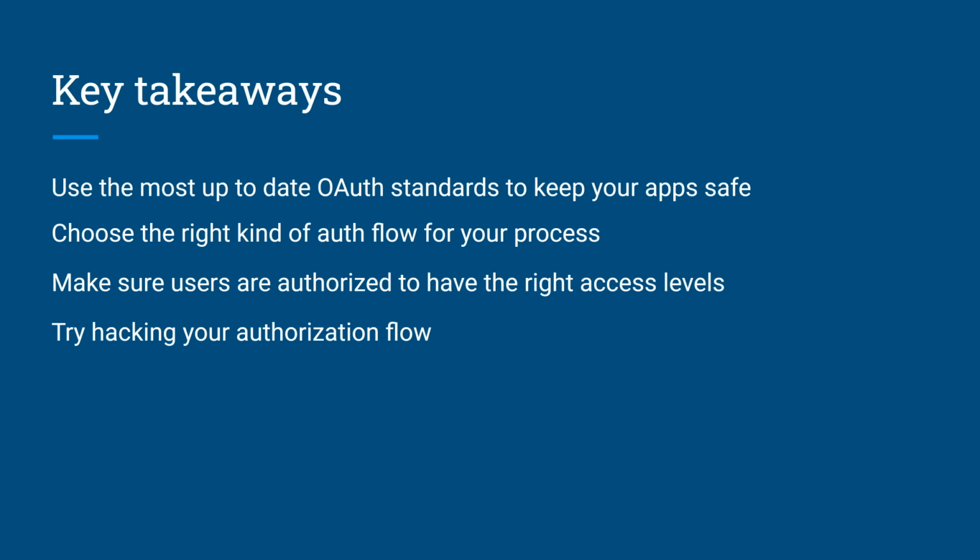So we know that PKCE won't let a hacker do authentication injection. It prevents that attack just by having that code verifier and that code challenge. So you might think of other ways to try to hack it, like trying to take the code verifier and code challenge and inject it some other way.